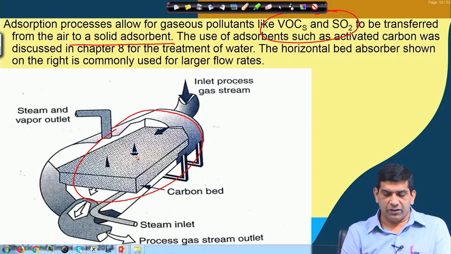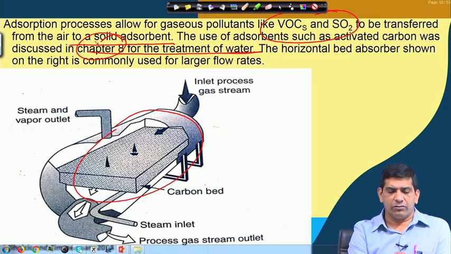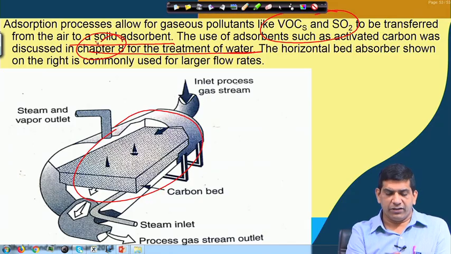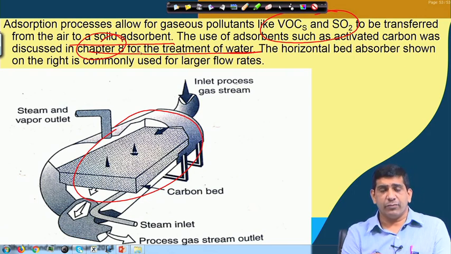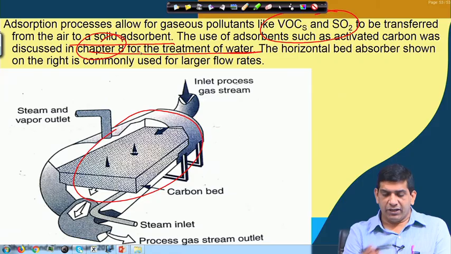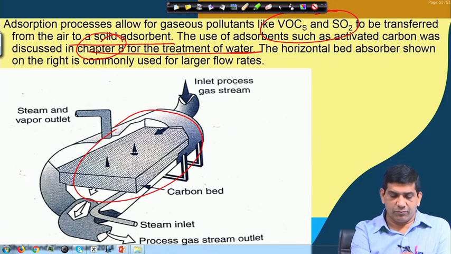A similar thing was discussed in the earlier video about water, in week 8, where we looked at the treatment of water. This should be called week rather than chapter.